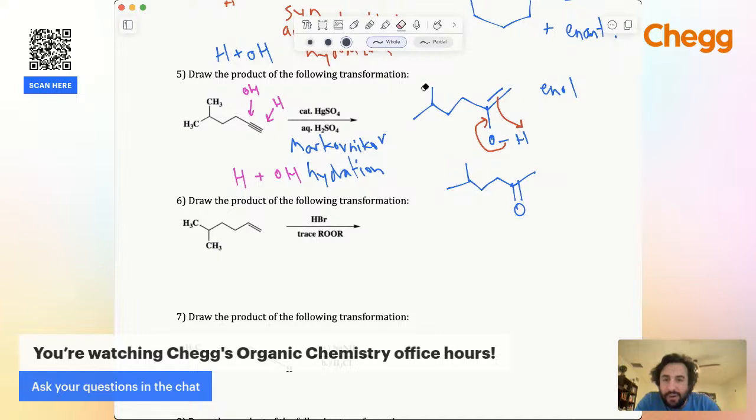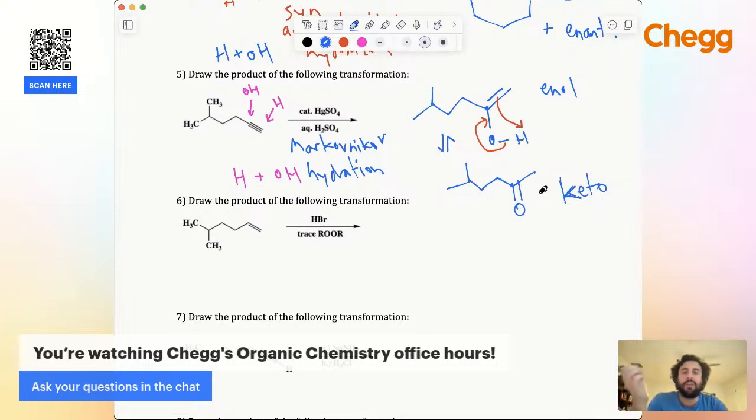Actually, let me erase this because this is an equilibrium. But this is preferred. The keto tautomer is preferred, and that's for reasons of thermodynamics. If you just look at a table of bond enthalpies, we're comparing the OH, CO, and CC double bond to the CH and CO double bond.